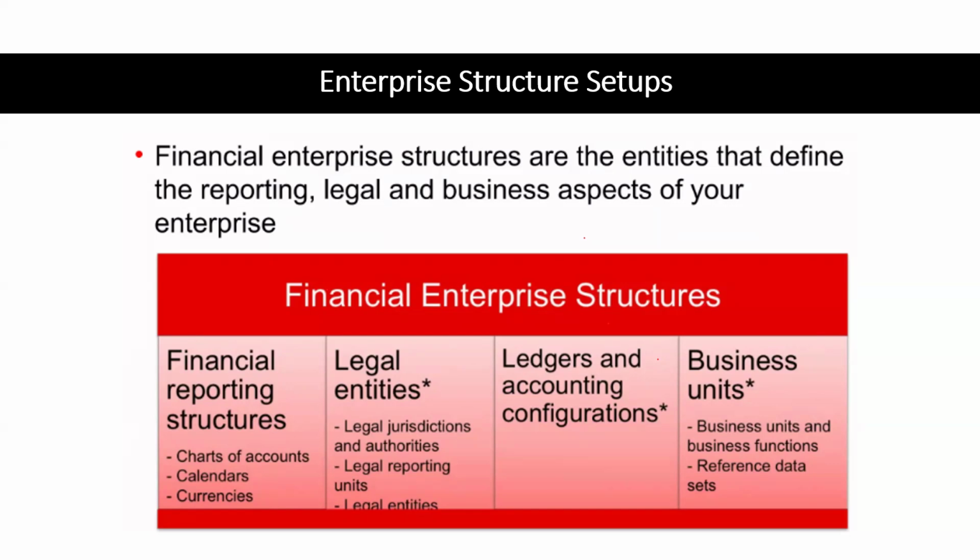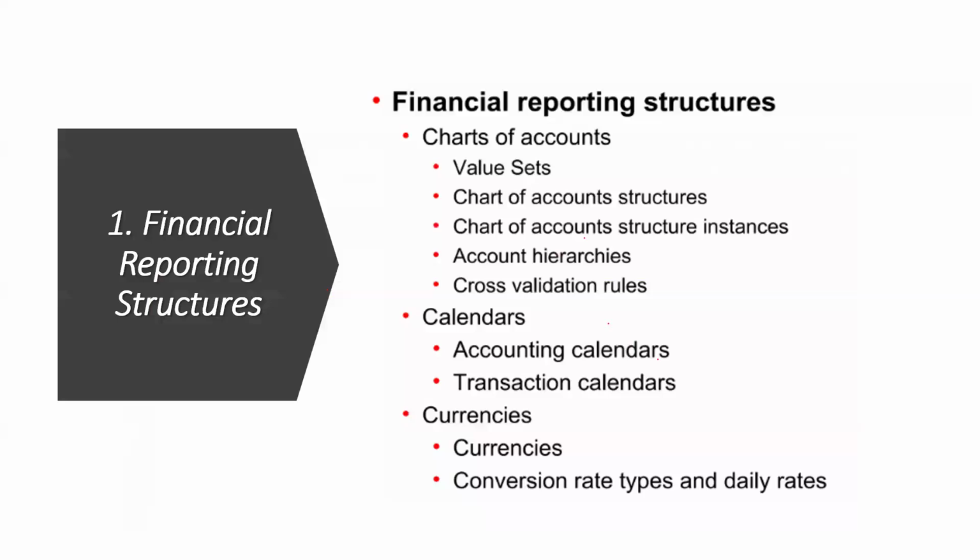Let's understand one by one: what is the financial reporting structure, what are legal entities, what is a ledger, what is a primary ledger or different ledgers, and what are business units. First, the financial reporting structure. It will contain three major components: chart of accounts, calendar, and currencies.